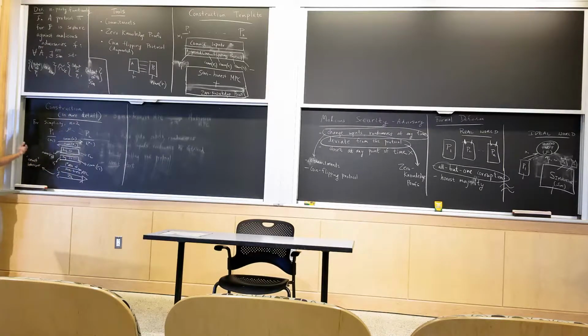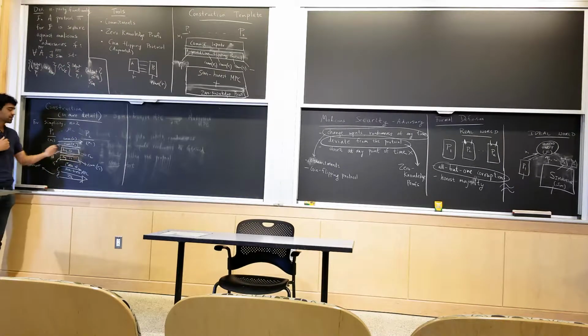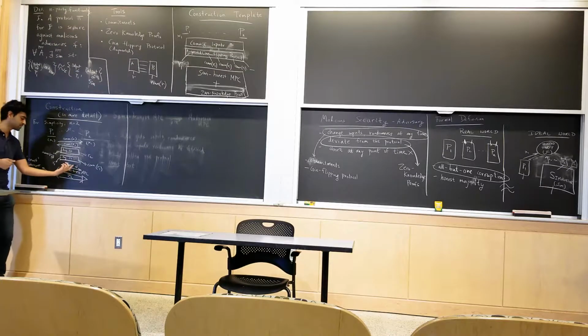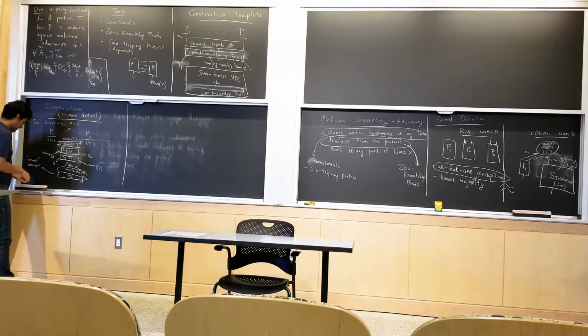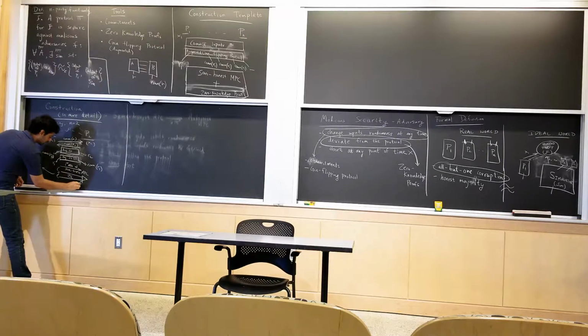So the instance itself is A, and the input is the witness, and the party can see the output. The output is nothing but the first message. Similarly, you can do this. So then this guy sends the second message. Maybe I'll continue.